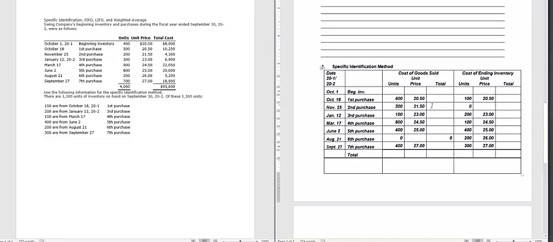Okay, and those were $21.50 each. And notice that we don't have any information that we have any units from the beginning inventory. So that means they must have all been sold. So we had 400 at $20 each. So now we're just going to cost all these out.